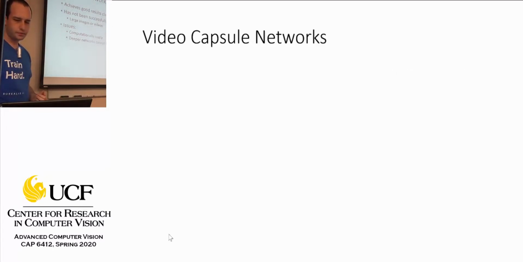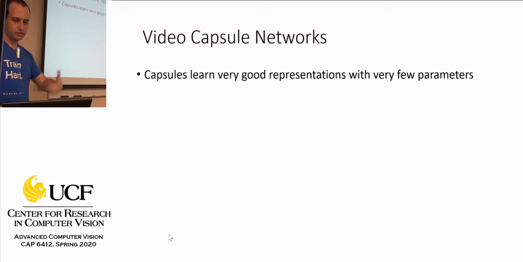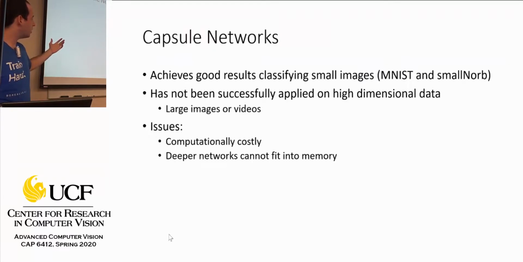When we extended capsule networks to video, we did several, we could call them tricks, which I won't go into details about. Basically we want capsule networks for video because on these smaller data sets we're showing that they're able to learn very good representations.